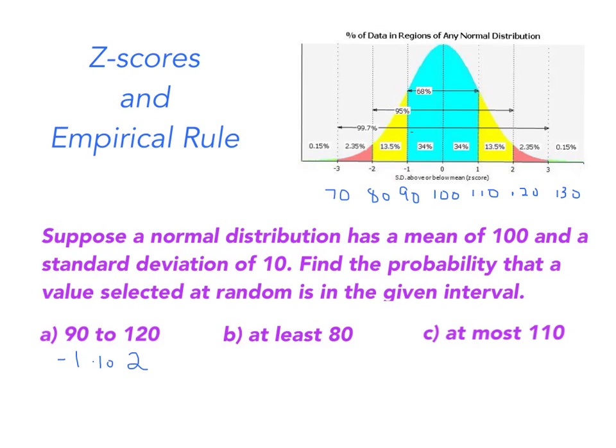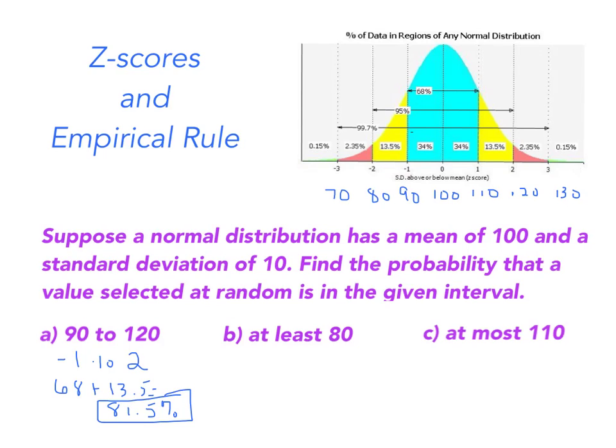And then if we add another 13.5, that would give us 81.5%. So the probability that a value selected at random is in the interval 90 to 120 is 81.5%.